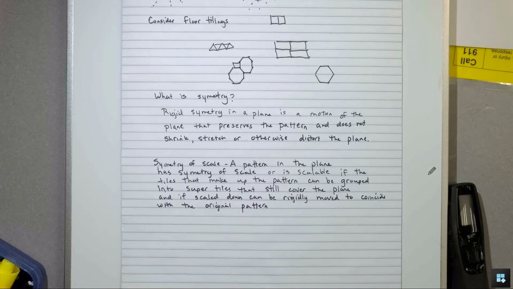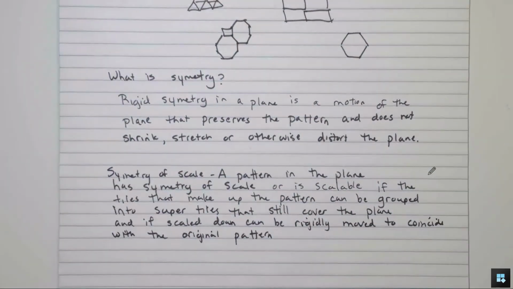Symmetry of scale: a pattern in the plane has symmetry of scale or is scalable if the tiles that make up the pattern can be grouped into super tiles that still cover the plane, and if scaled down can be rigidly moved to coincide with the original pattern.